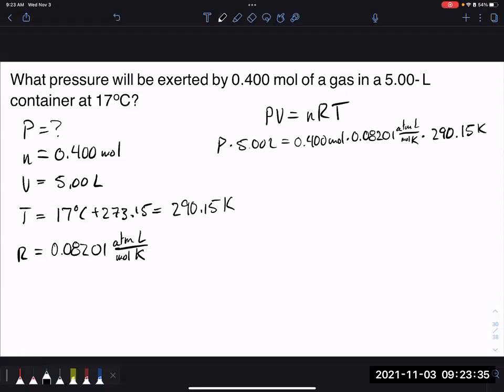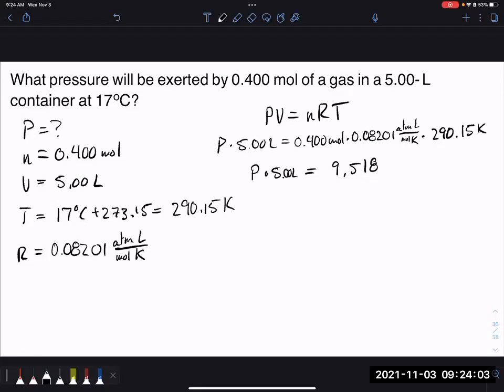So first step, we'll solve for the right side of this equation. Let's do 0.4 times 0.08201 times 290.15, which gives 9.518. And so we still have 5 liters and then a pressure.